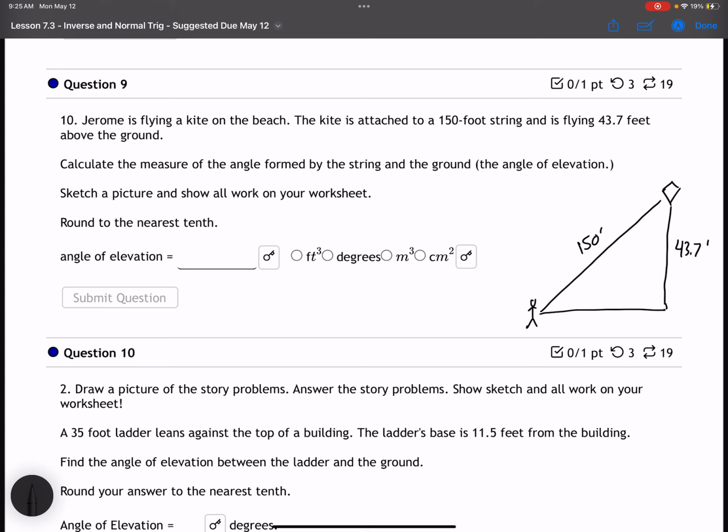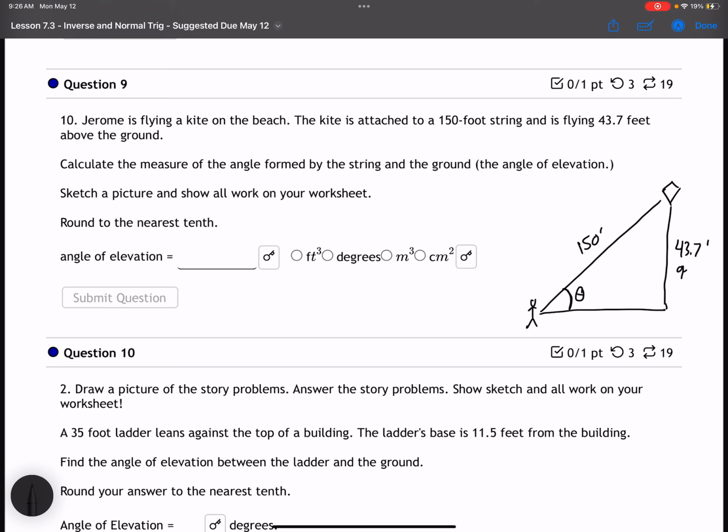And they say, what's the angle of elevation? Calculate the measure of the angle formed by the string and the ground. That is this guy, the string and the ground. And this is called the angle of elevation. So what do we do with it? We're just going to call that theta. And now we set up our equation.